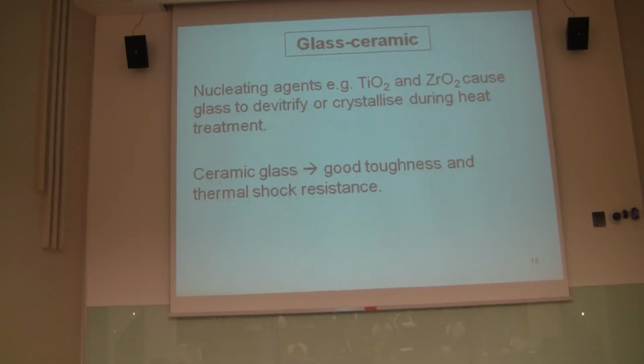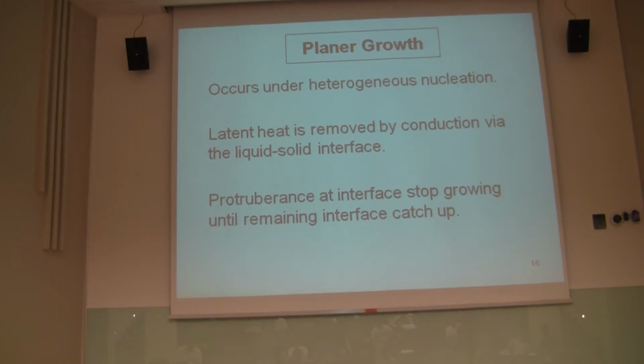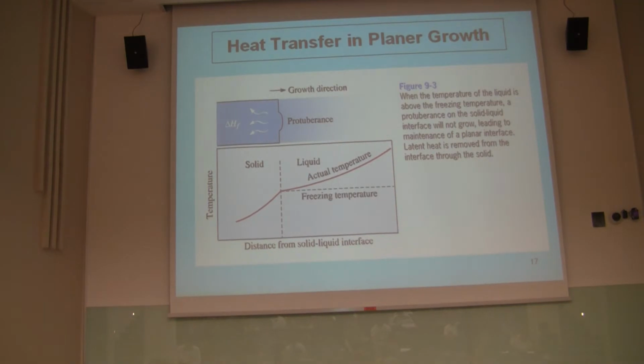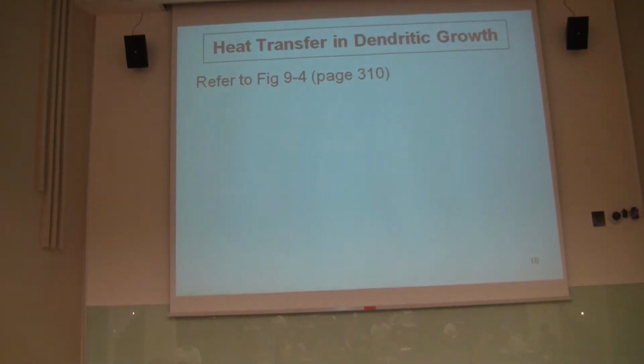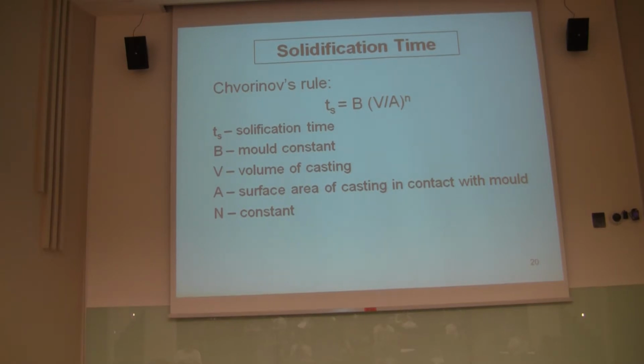In this case here, we have planar growth, and the other one is dendritic growth. Planar growth refers to more heterogeneous nucleation. Dendritic is homogeneous nucleation. You know the solidification time is proportional to the ratio of volume over surface area.